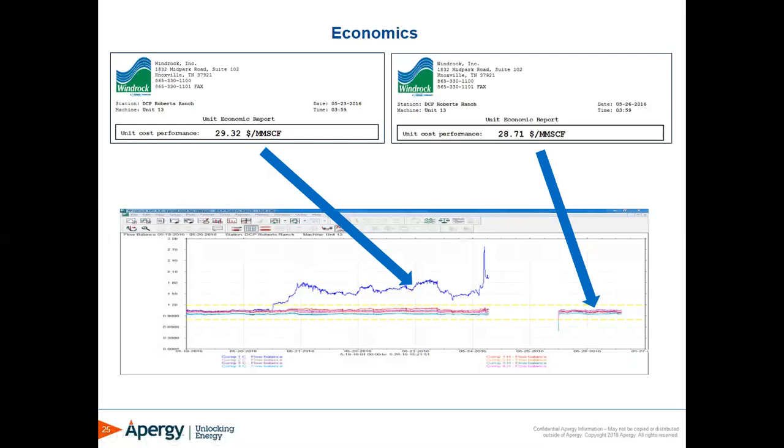After the valve was repaired, it dropped down to $28.71, or an operating cost savings of 2%, which is approximately $4,000 per year. This report is a great one to have. It's good for helping you calculate savings cost from a valve replacement so that you can show your boss.